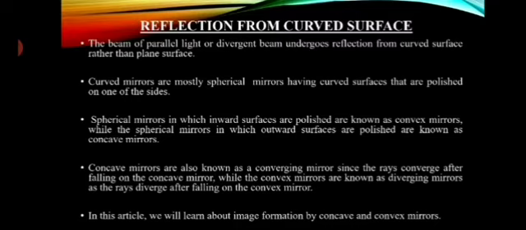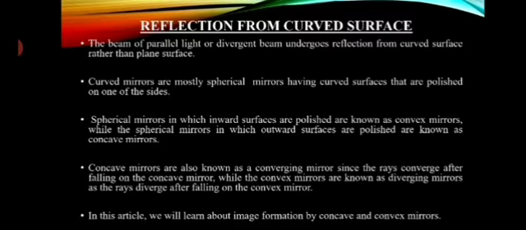Now, the curved mirrors which are mostly used are spherical mirrors, which have a curved surface polished on one side. If the inner part of the surface is polished, these are the reflecting surfaces, and the outer part is the hard surface.